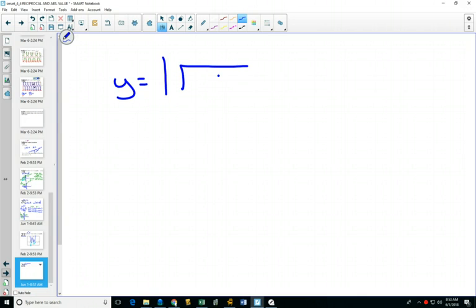I'm going to do the square root of x minus 2, minus 3. So we can combine what we're learning right now about absolute value functions with some transformations.